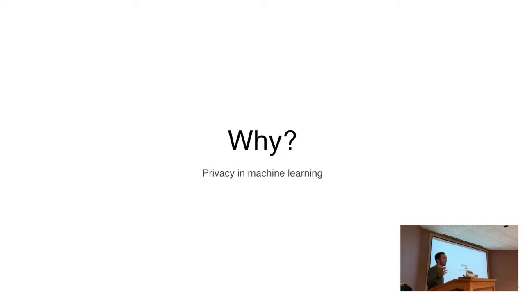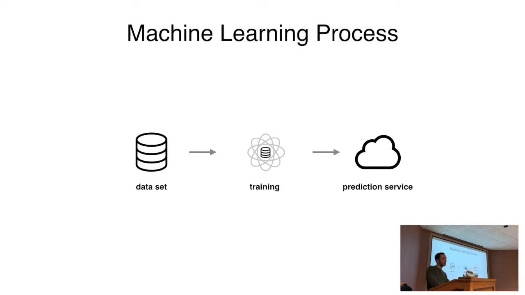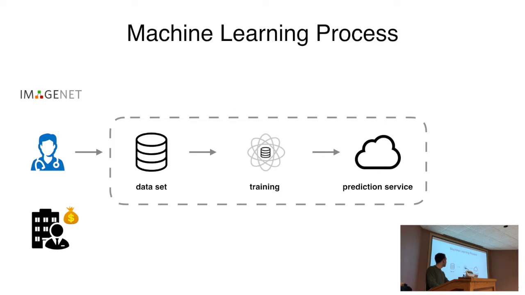So first, why do we care about privacy in machine learning? And actually, we don't really approach this from a consumer privacy perspective as much as a bottleneck perspective. In the current machine learning process, it's a pretty standard process now, where you have some data set that you've collected, you go through training, and then you deploy it in a prediction service.